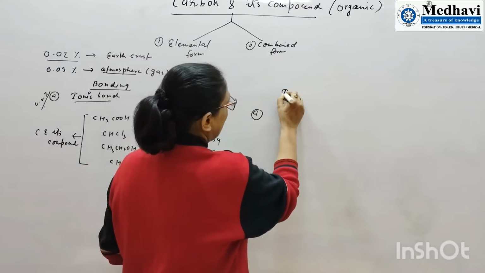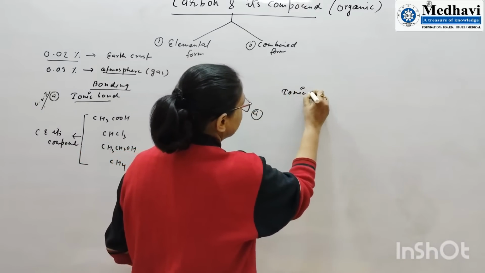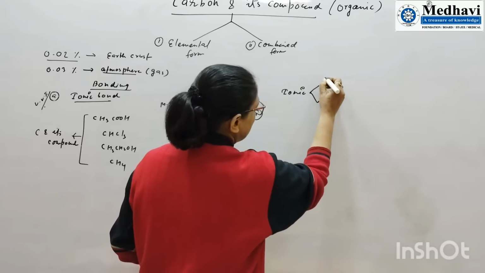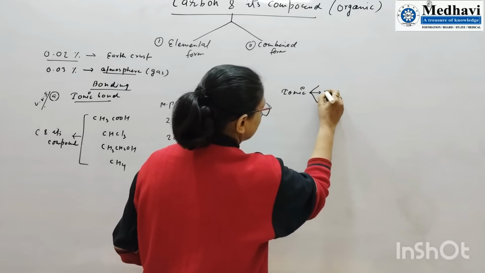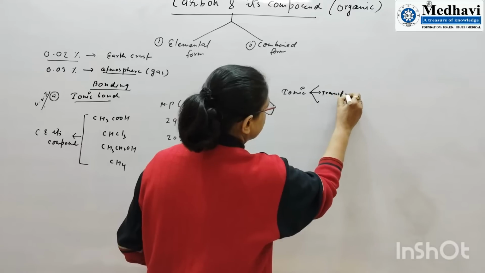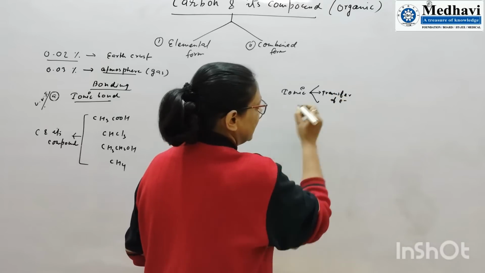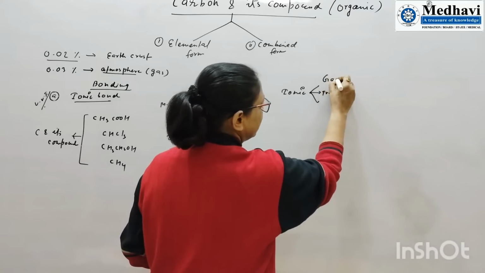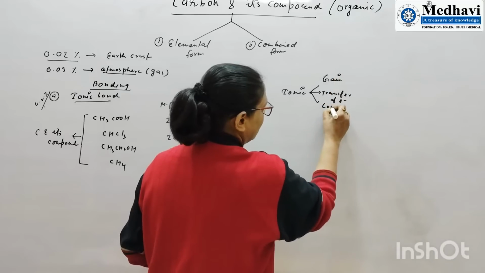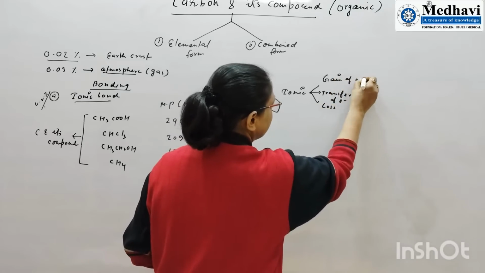Here in ionic, I have explained that there is transfer of electron, and that transfer occurs either in the form of gain or loss of electron. That is very important.